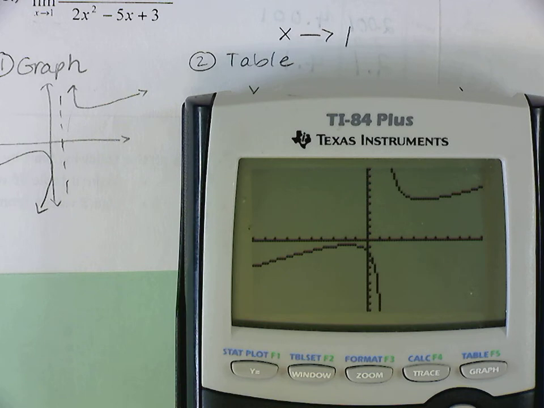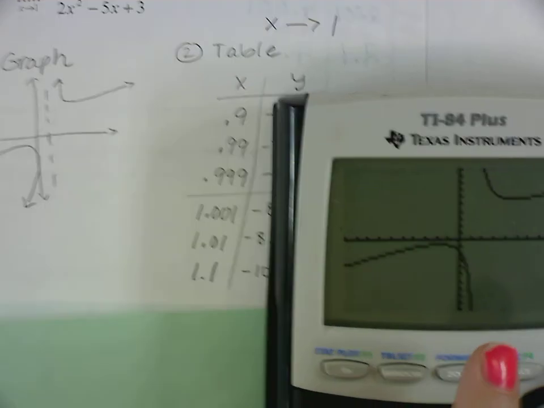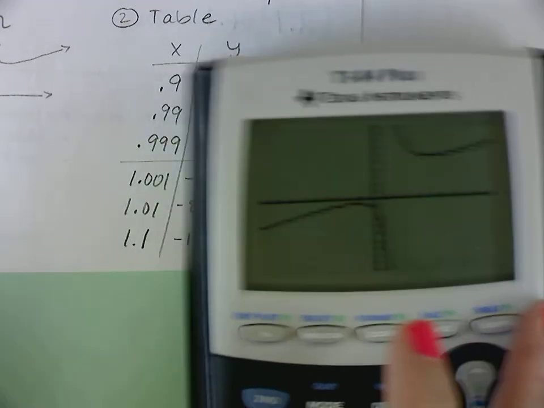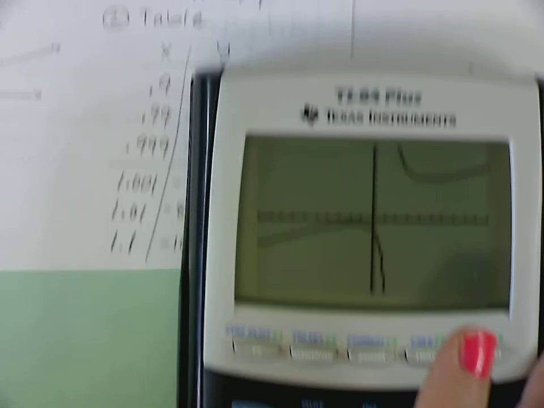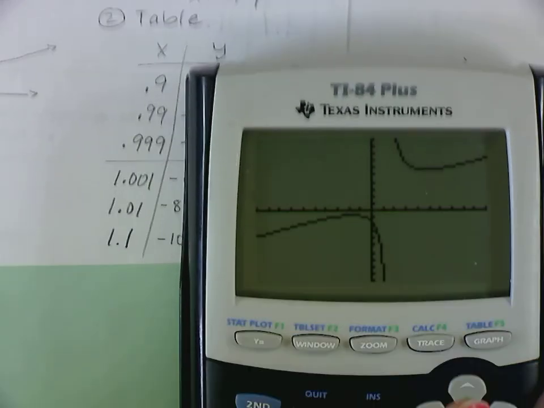Yes. Yep, good. So 1.0001, 1.001, 1.01, all those are great. Okay, your graph or your table isn't going to necessarily look the exact same as somebody else's, and that's okay. Right? That's perfectly fine.